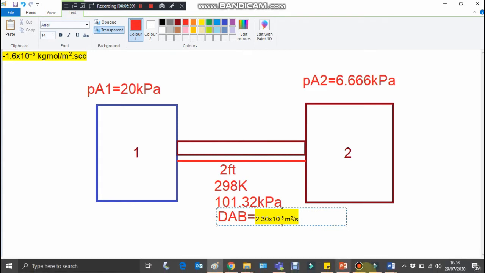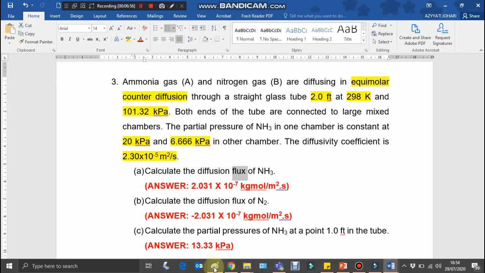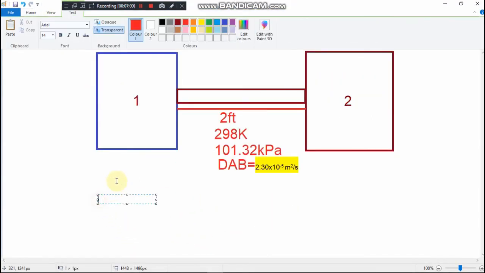So back to the question: calculate the diffusion flux for NH3. NH3 is A, so the flux for equimolar counter diffusion is denoted as J. So the question asks you to find JA.